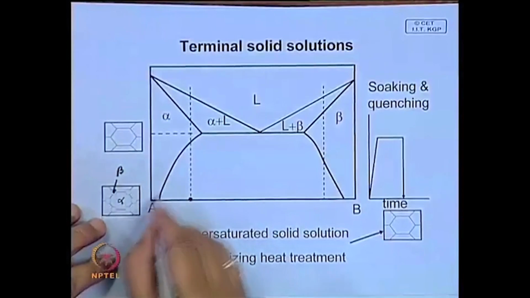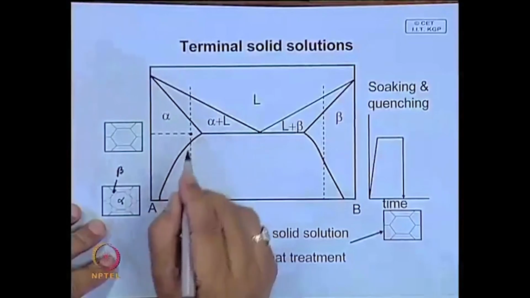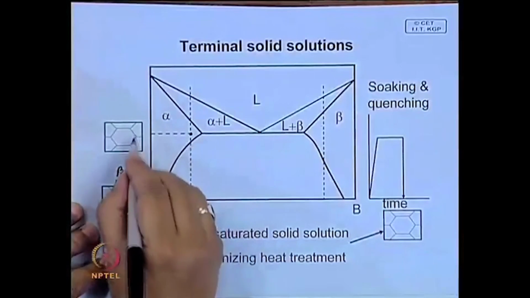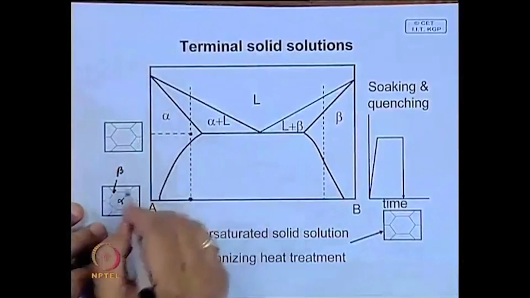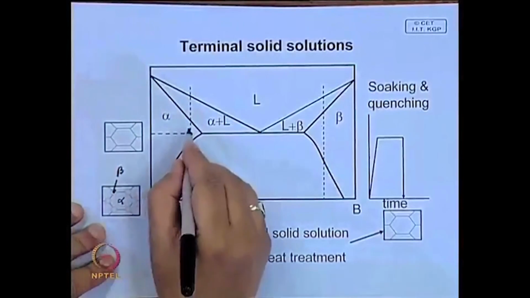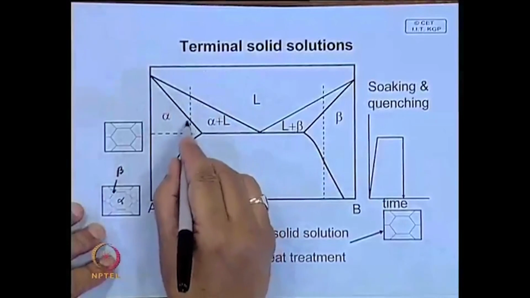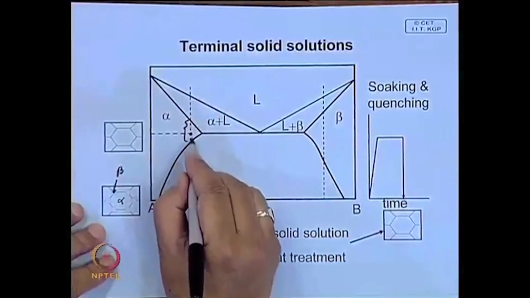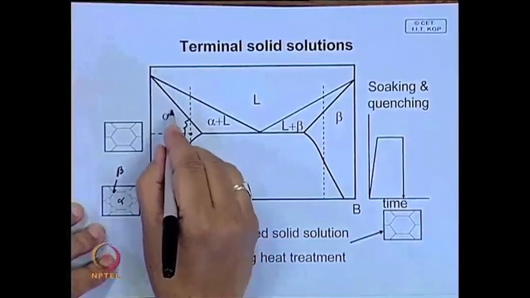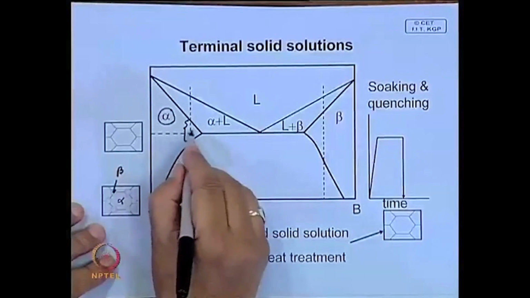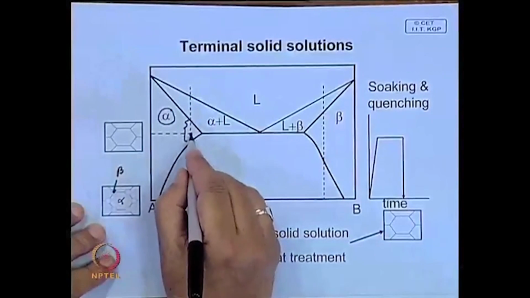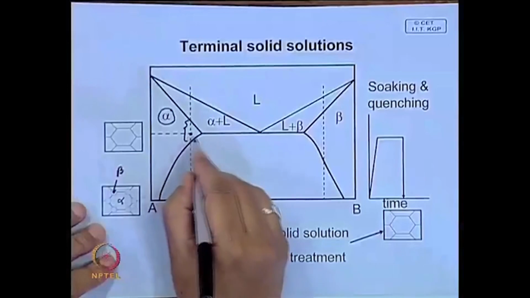Now, suppose you heat it to this point. What happens if you keep it for some time? The beta will dissolve, because the phase diagram says that this is the region where the same alloy should exist in a single phase form. And now suppose you cool it very fast.